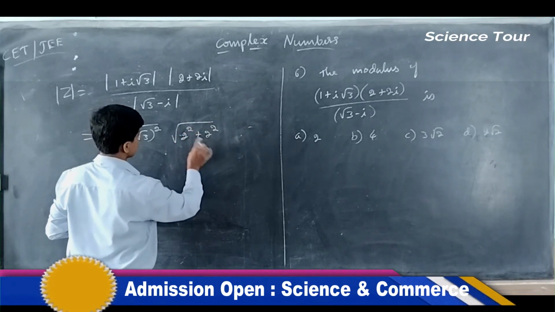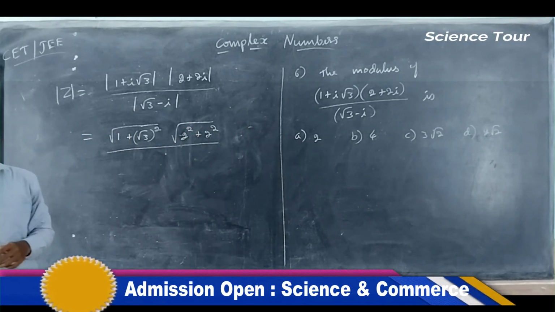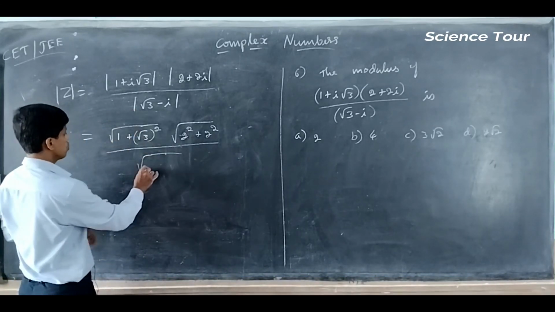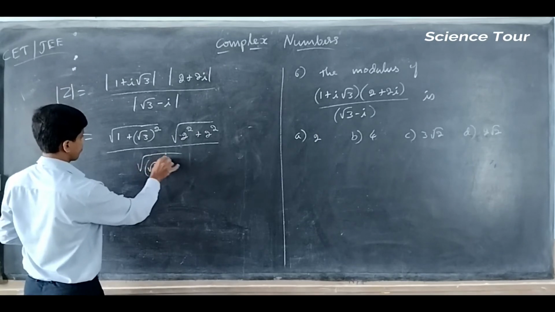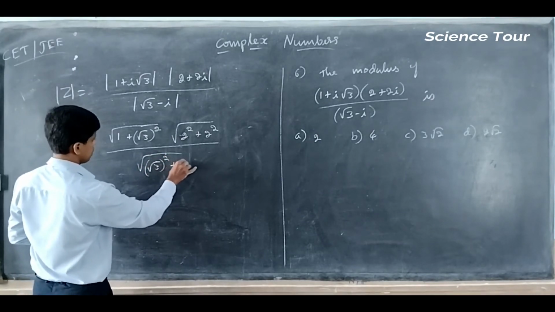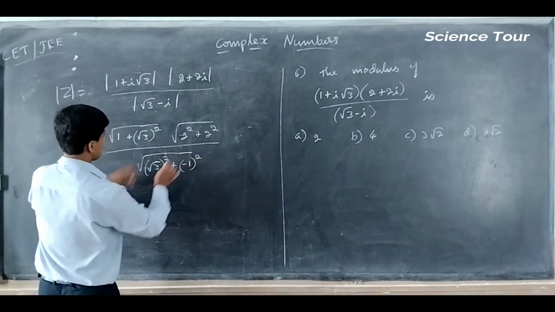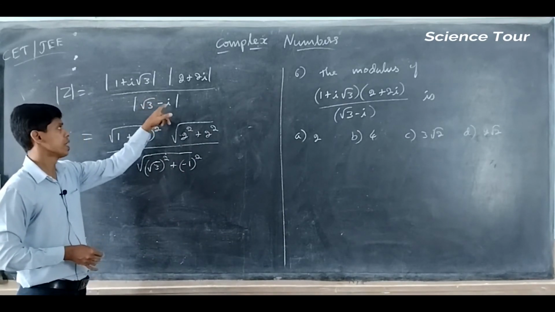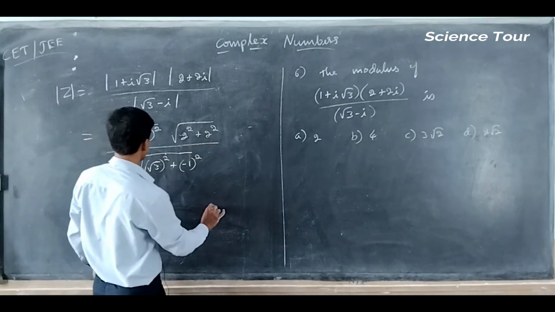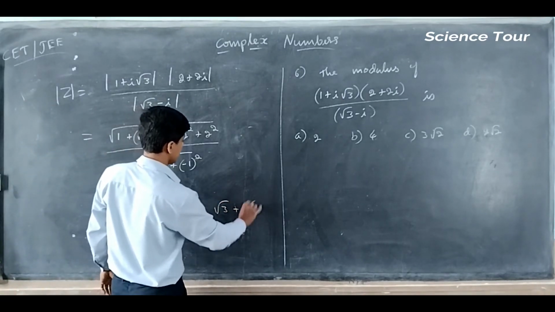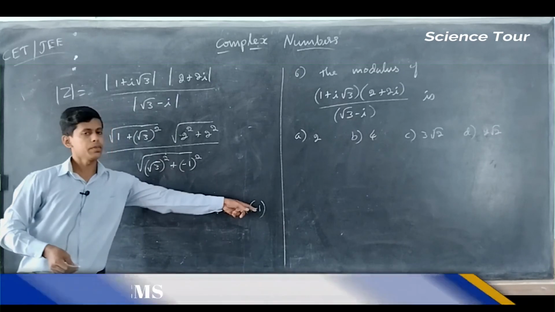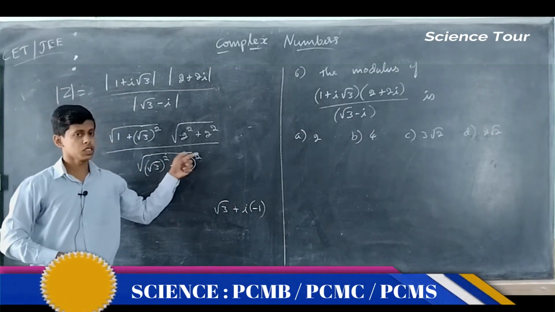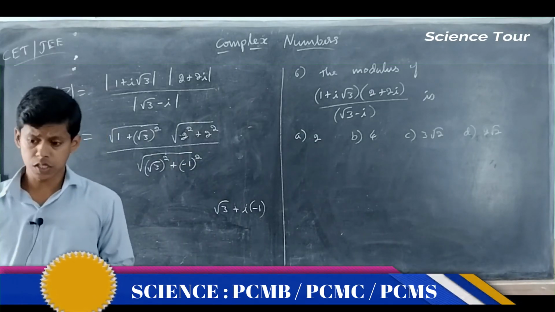So this is also 2 square divided by, see what is here, square root of root 3 square plus minus 1 square, because this is like root 3 plus i into minus 1. So a is root 3, so a square, plus b is minus 1, so b square is minus 1 square. I hope you understood that.